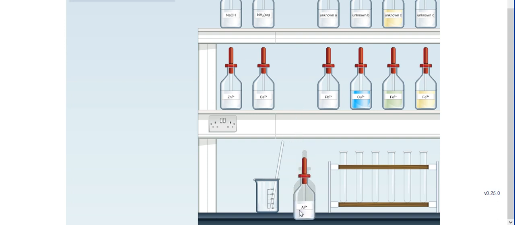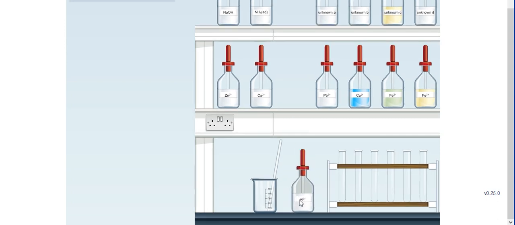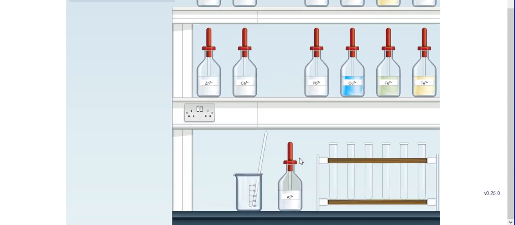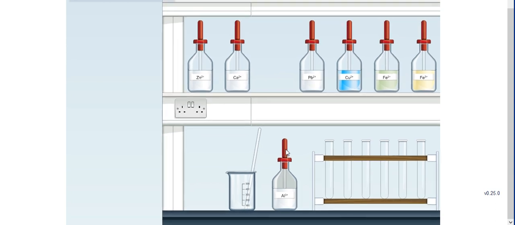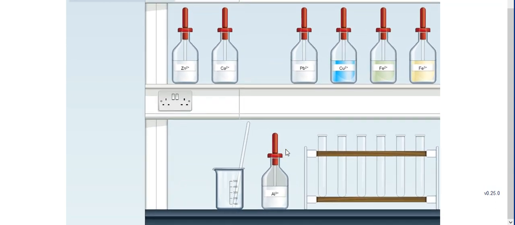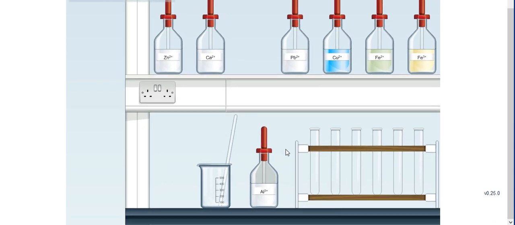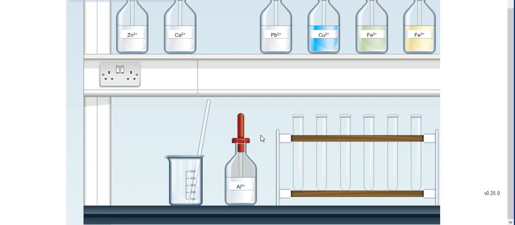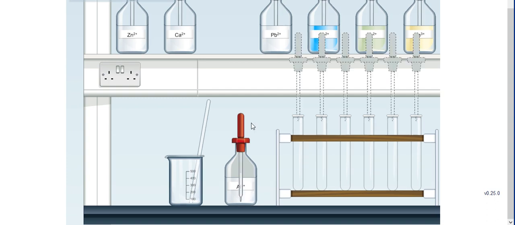For instance, place it here, and so I have chosen to work on aluminum ion. So you can try your hands on known cations and how they will look if you are doing a test on them. Then you can move to unknown, and it's a great way to have this experience.